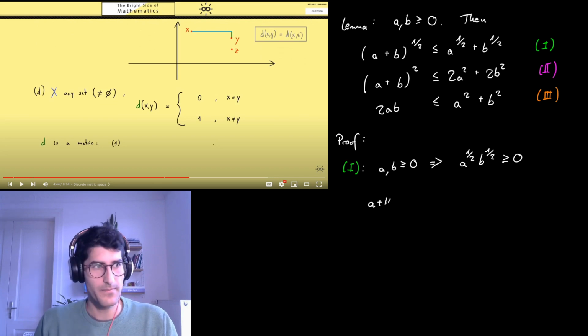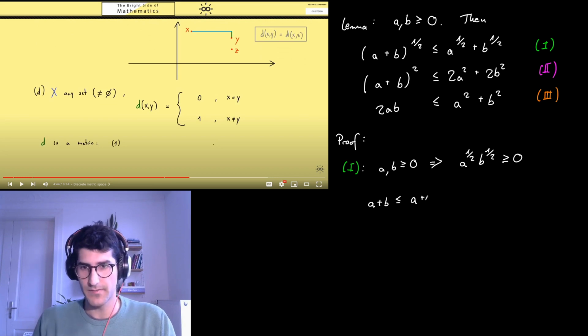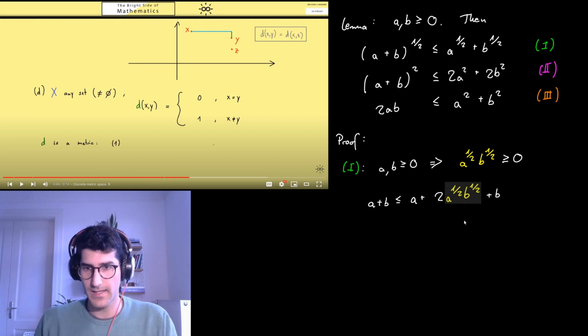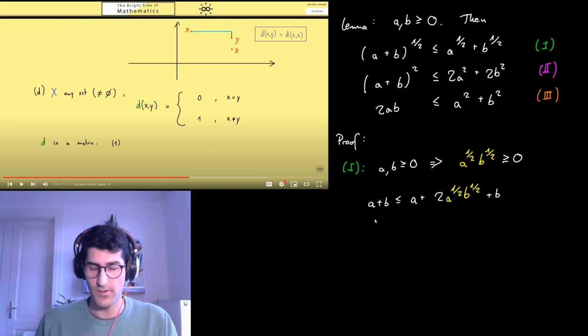So a plus b is smaller than a plus a positive number, which we say is 2 times a to the 1/2 times b to the 1/2, plus b. What I did here was I just took this, which is greater or equal than 0, multiplied it by 2, it's still greater or equal than 0, and adding something that is greater or equal than 0 to something can only make it bigger.